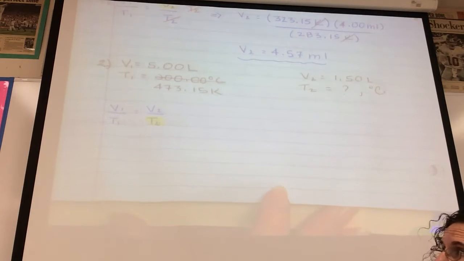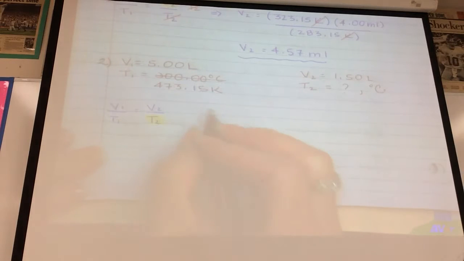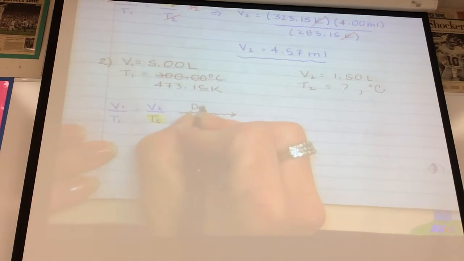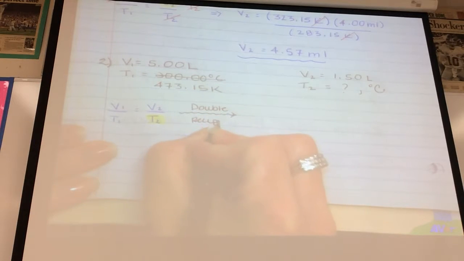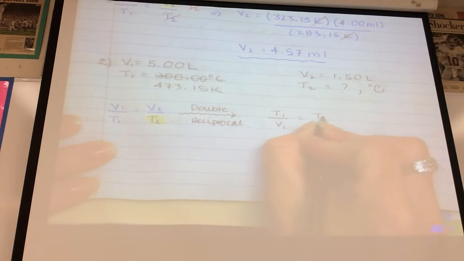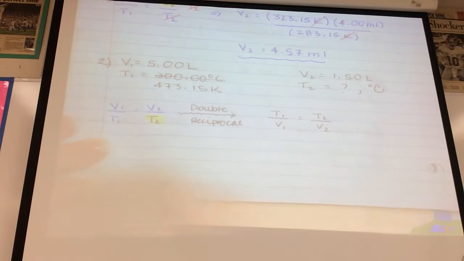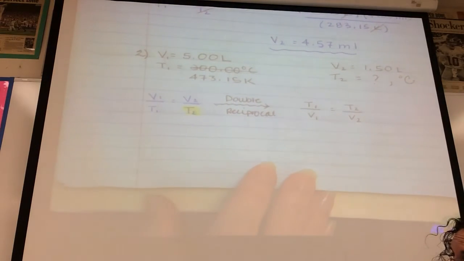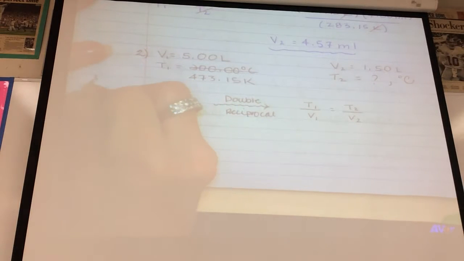What I like to do when I'm solving for something in the denominator is I like to do a double reciprocal. I'm going to flip both fractions over. Now that at first may bother you, but look, it's perfectly legitimate. 3 over 1 is equal to 3 over 1, right?